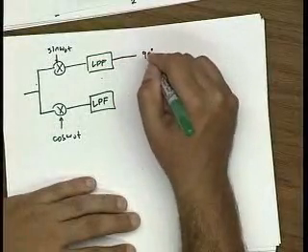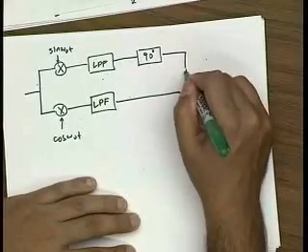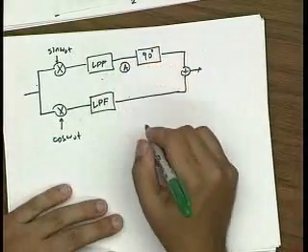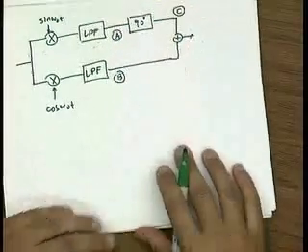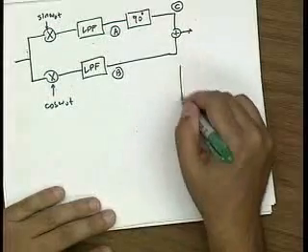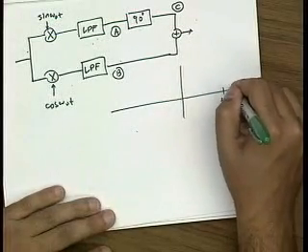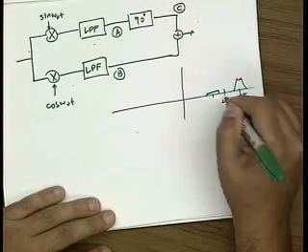And I'm going to introduce a phase delay here, which, as we'll see, is going to be critical. Let's call the signal at this point A, the signal at this point B, and the signal at this point C. And let's assume that our input spectrum looks like this. So this is our LO, this is our RF, and this is our image.